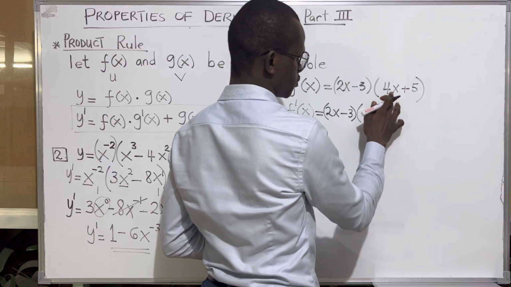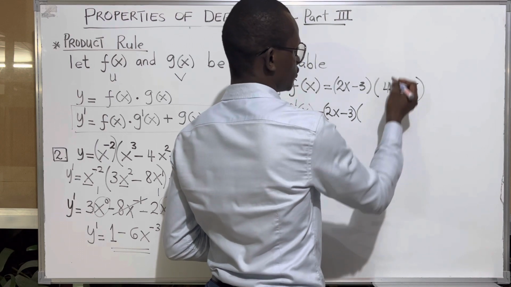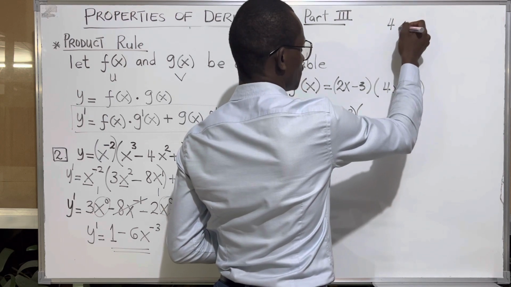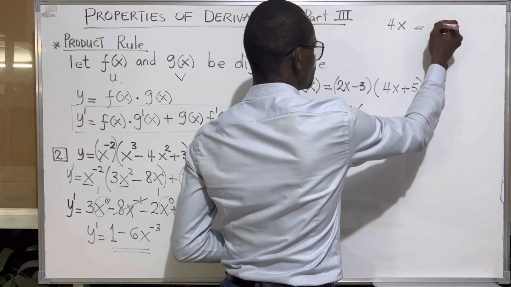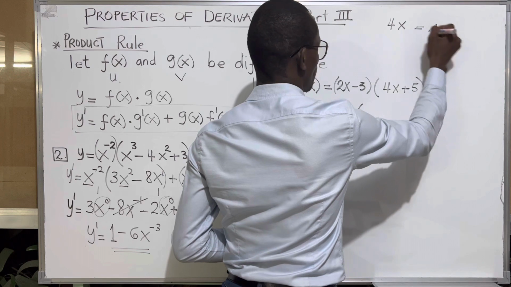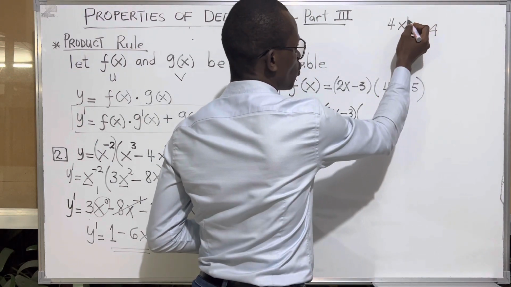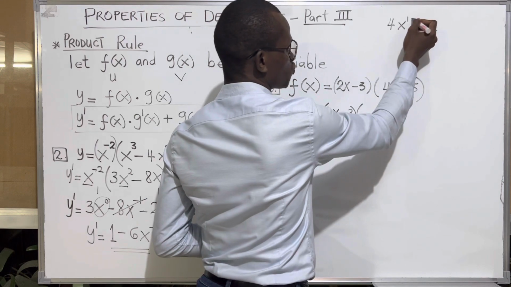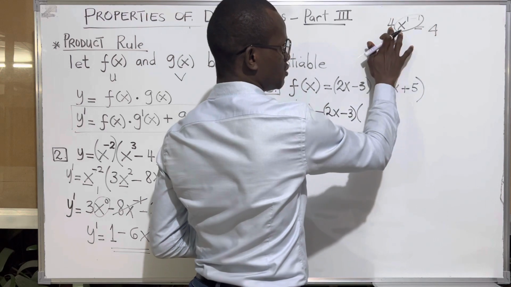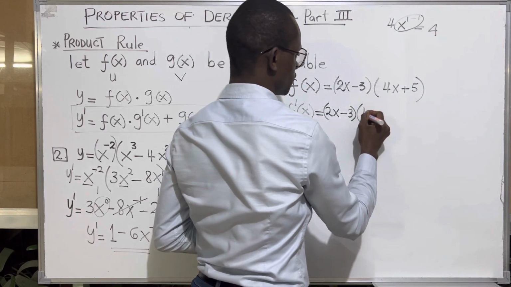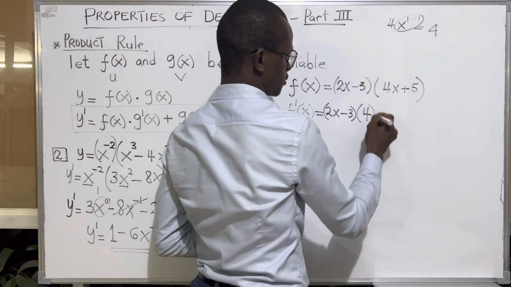The derivative of a number times a variable is just equal to that number, especially when that variable is raised to the power 1. Because 1 times 4 is 4, you subtract 1 from the power, it gives you 0, x to the power 0 is 1, so it will just be 4. So the derivative of 4x is 4. The derivative of 5 is 0, a constant.